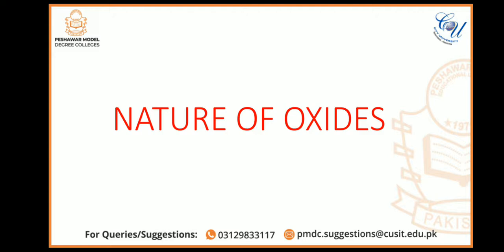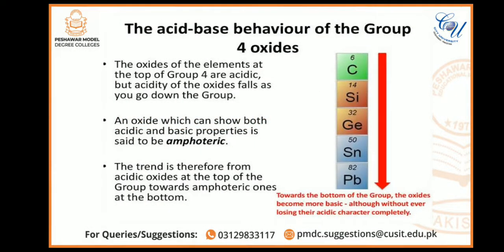Now we will discuss the nature of oxides of group 4th. Here we will discuss the acid-base behavior of the group 4th oxides. The acidity of group 4th oxides decreases as we move down the group. Thus carbon dioxide and silicon dioxide are acidic, and germanium dioxide, tin dioxide, and lead dioxide are amphoteric.